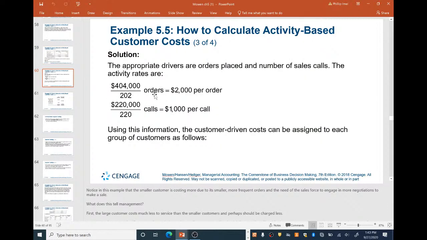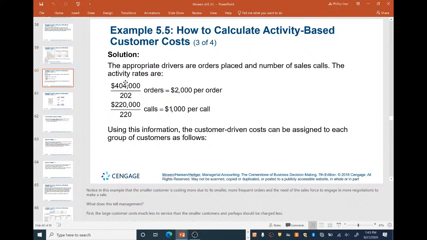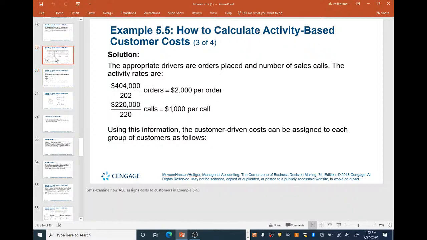So once again, orders placed is 202, and the order filling cost is 404,000. 404,000 divided by 202 gives us $2,000 per order.